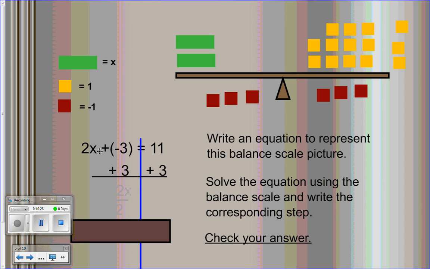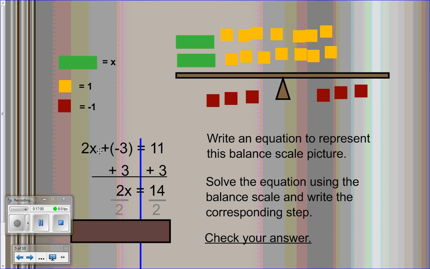And then we just simplify to see what we have left. Left side, 2x. Right side, 14. And then we can divide those into equal groups. Figure out how much 1x is equal to. Or we can do it with algebra by dividing by 2.